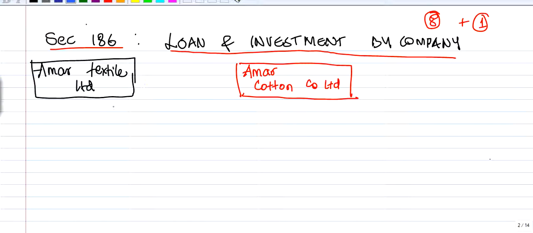It holds 70 percentage of shares in Amar Cotton Company Limited, and it has also advanced loans to other body corporates.